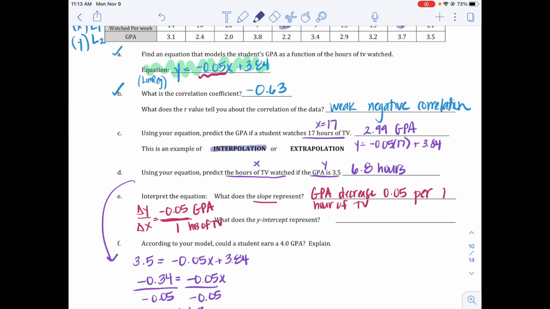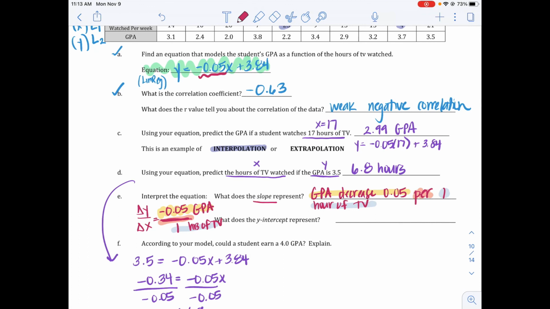Okay, again, let's break this down. In my numerator, the GPA decreases 0.05. That's why it's a negative 0.05. Per comes from the division bar. Okay, and then we're going to look at what's in our denominator, 1 hour of TV. Okay, and so we've interpreted the slope. Again, the slope represents that our GPA is decreasing 0.05 per every 1 hour of TV watched.